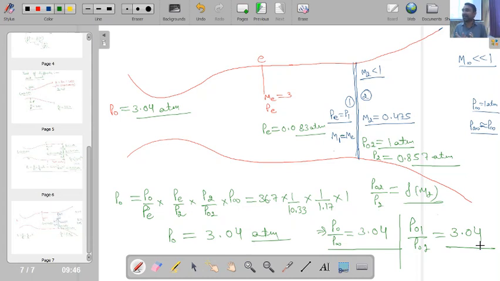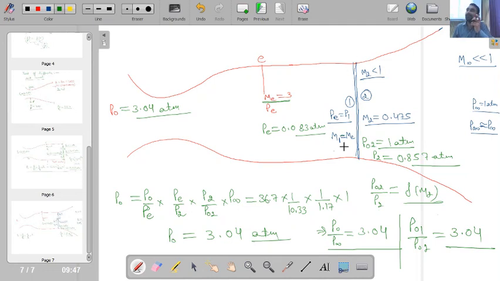So the pressure ratio which is required across this entire test section, the entire wind tunnel, has to be equal to the stagnation pressure ratio across the normal shock wave for the given Mach number, because this is the Mach number at the upstream of the normal shock wave.